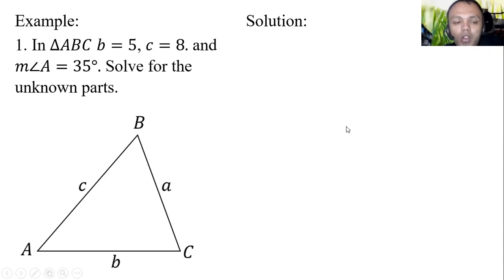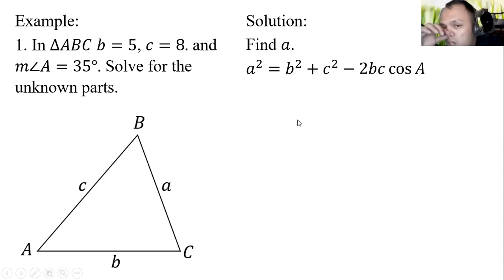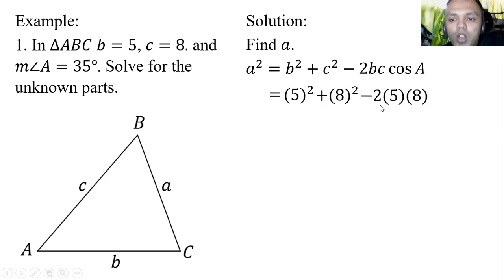So here, if you are going to find side A, then we will use this formula: A squared is equal to B squared plus C squared minus 2BC times cosine A. Now substitute your B to 5, your C to 8, then 2 times your B, 5, times your C, 8, then cosine A is 35 degrees.